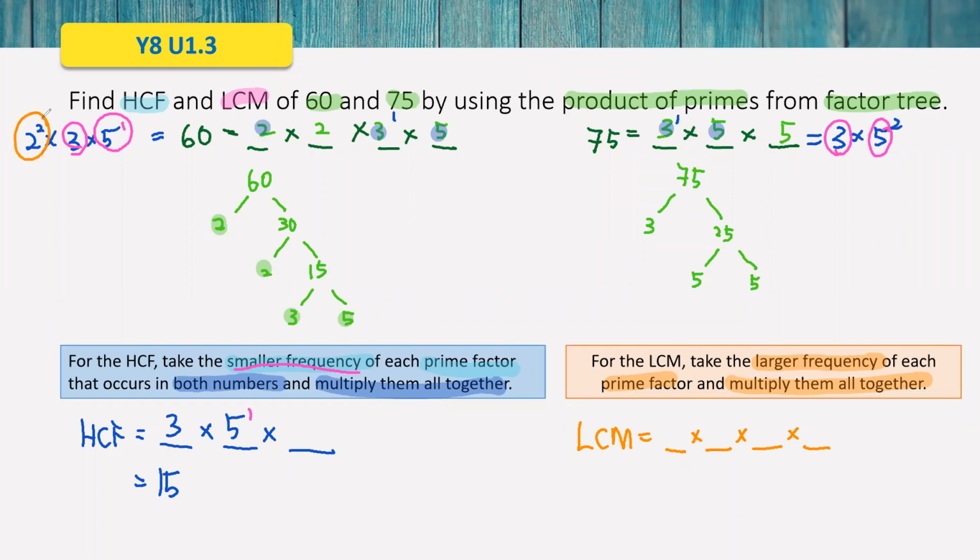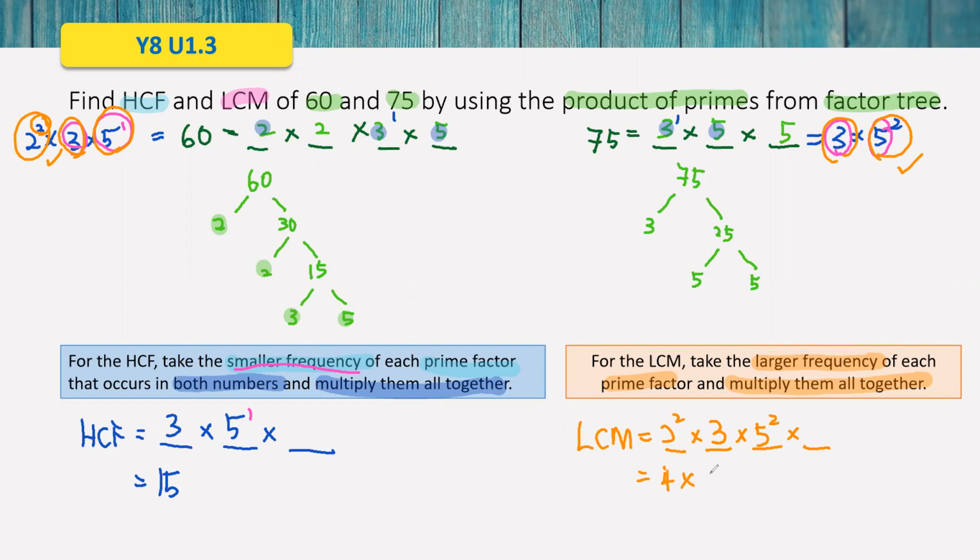So I have 2. There is no 2 here, never mind. So I take 2, the highest frequency, 2 squared, put it in. And then I have 3 here. I have only one 3, so I put it in. The largest frequency is 3. I have 5, and a 5 squared. Of course, I'm picking this. So 5 squared.